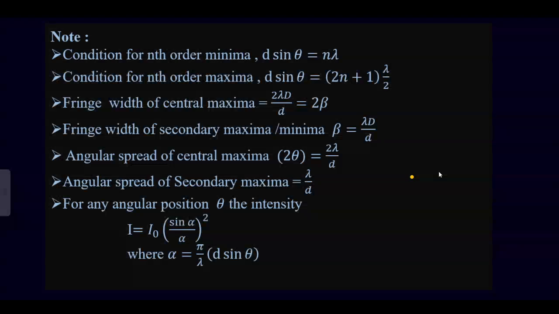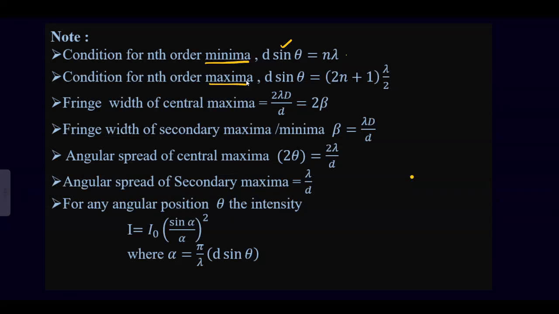Earlier we saw the condition for a maximum: d sin theta must be equal to n lambda. But that is now the minima case. And the maxima condition will be (2n minus 1) into lambda by 2.